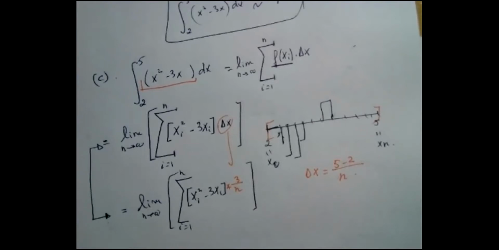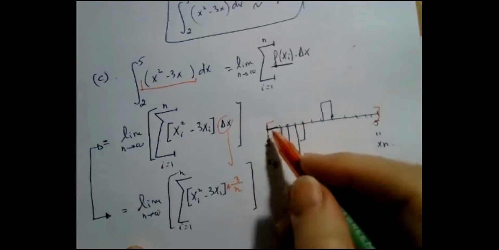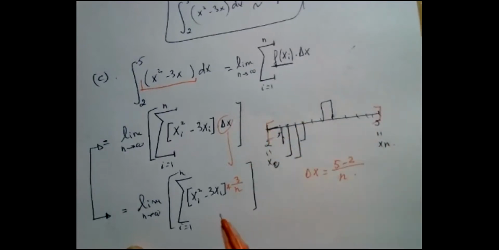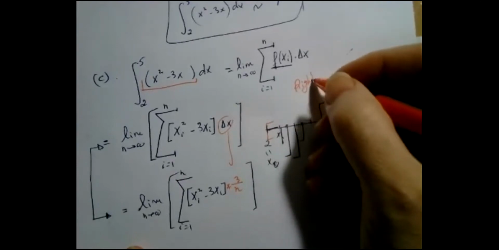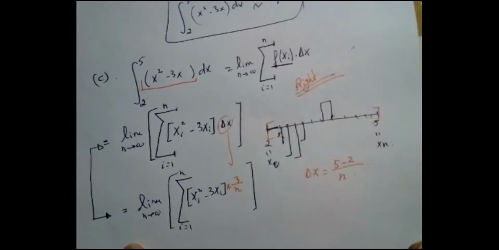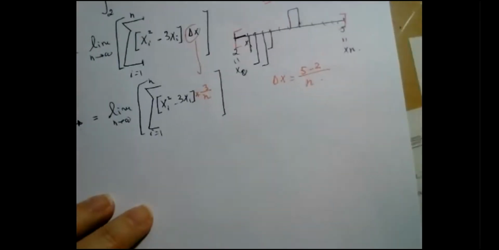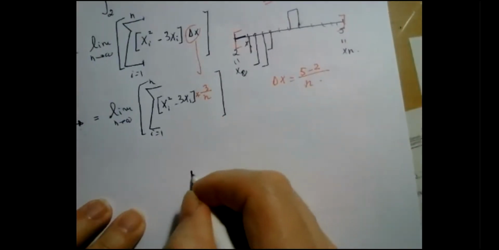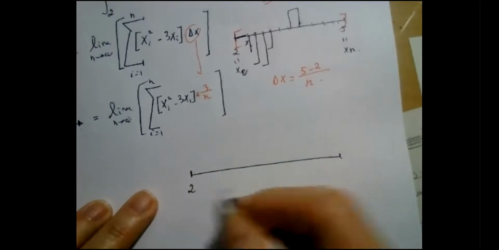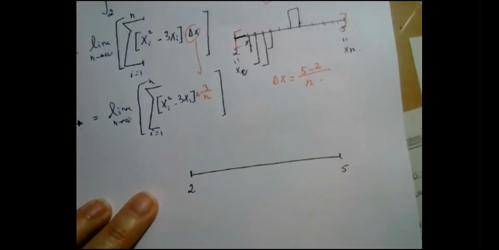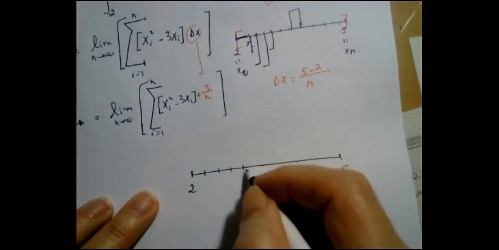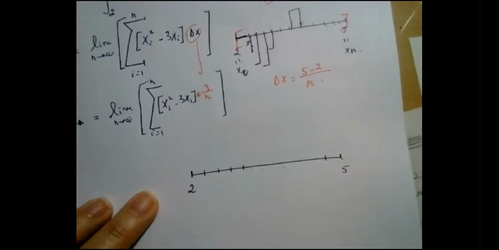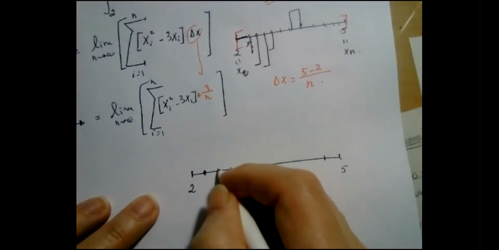How did you get the i to equal 1? Because I'm using the right Riemann sum. I take my interval, 2 to 5, because that's what I want, and I divide it into n pieces. And I'm going to label the endpoints.